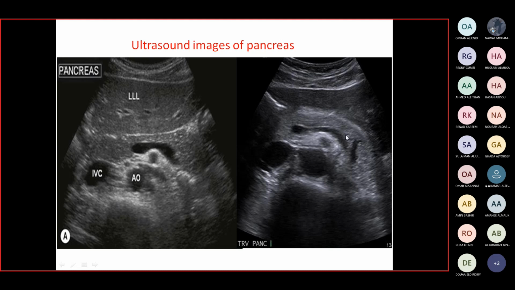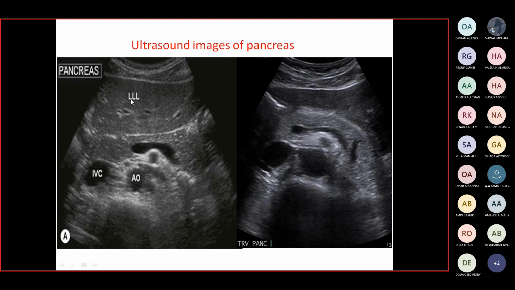This is the splenic vein. The pancreas is anterior to the splenic vein and also anterior to the splenic artery. The splenic vein joins the mesenteric vein to form the portal vein. Also, this is the pancreas. It is isoechoic to the liver.